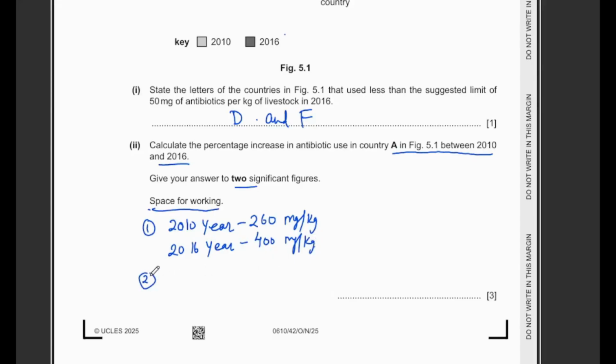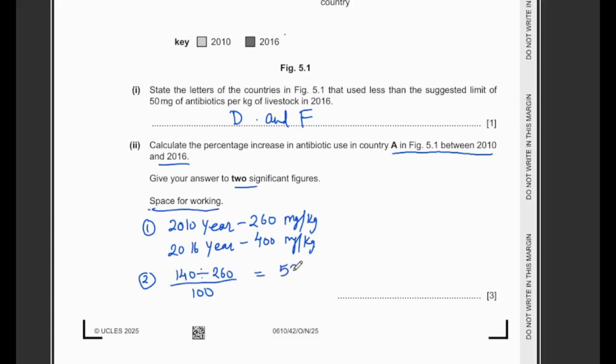The second mark is from the correct calculation. We have 140 divided by 260, multiplied by 100. What will be the answer here?